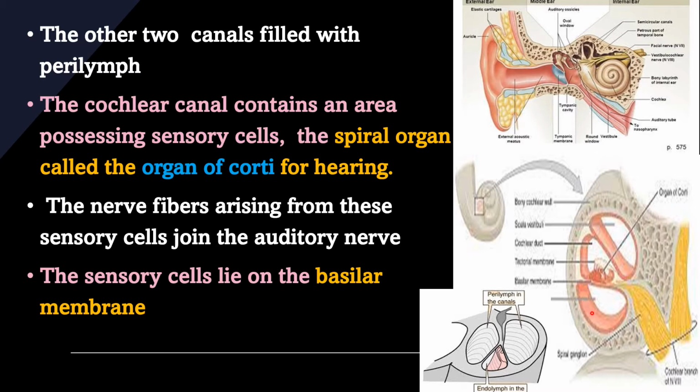Yes, the cochlear canal contains an area possessing sensory cells. That area is a spiral organ, called the organ of Corti. The spiral organ for hearing, the organ of Corti, consists of sensory cells.